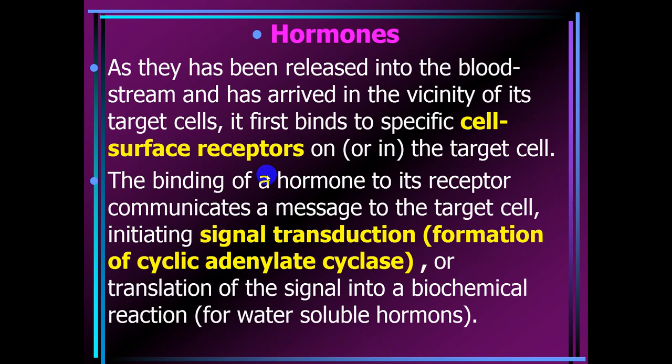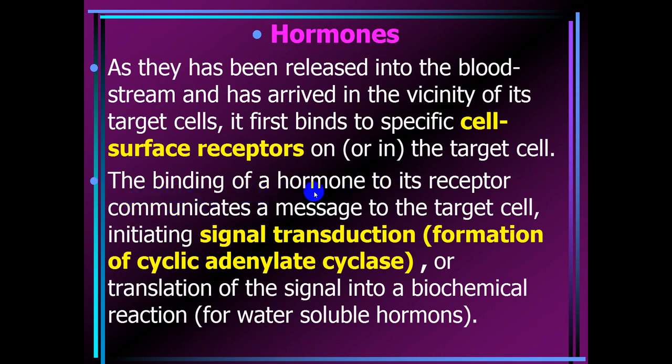How do hormones function, or what is the mechanism of action of the hormones? As the hormone is released into the bloodstream and arrives in the vicinity of its target cell, it first binds to specific receptor on or in the target cell.